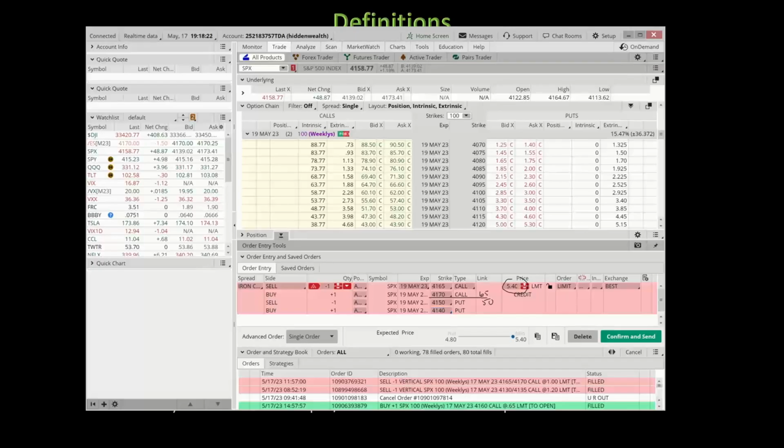Now what you see is that I have a $10 wide put spread that I'm sold and a $5 wide call spread. I bring in $5.40. So if the market goes up big to 4,200, I'm going to lose $5 on my call spread, but I brought in $5.40.